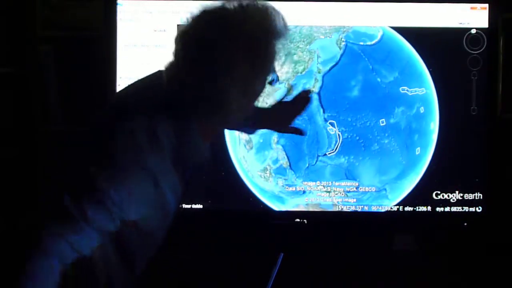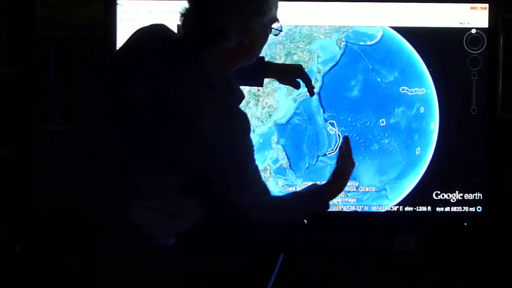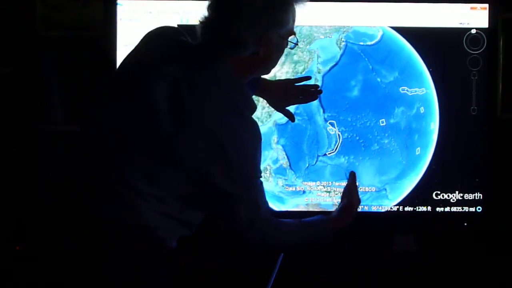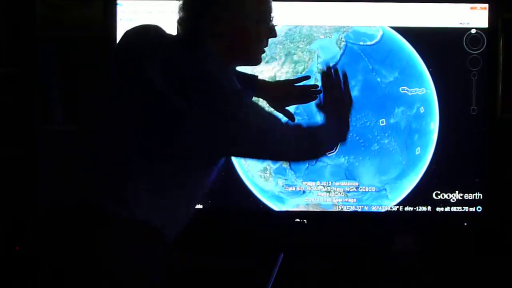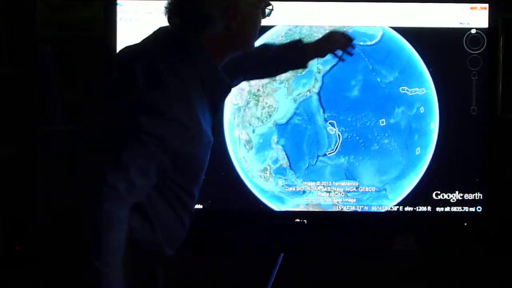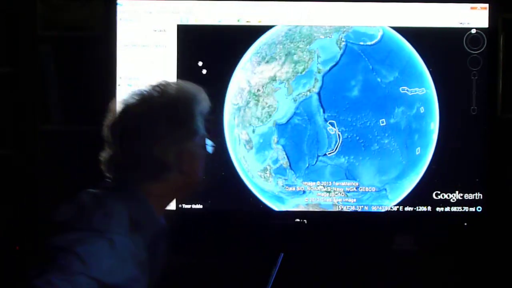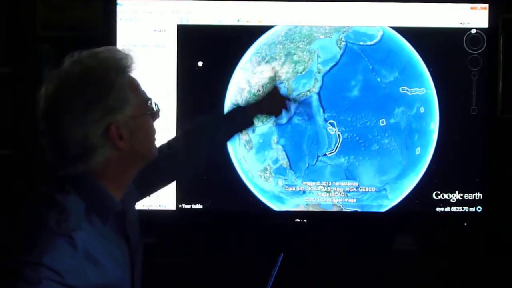This all gets shoved over to here and trenched under. But again, as it's being pushed this way, the Pacific plate is milling the edges off and taking it into the trenches where it cycles back through the center of the earth to the south and comes up.